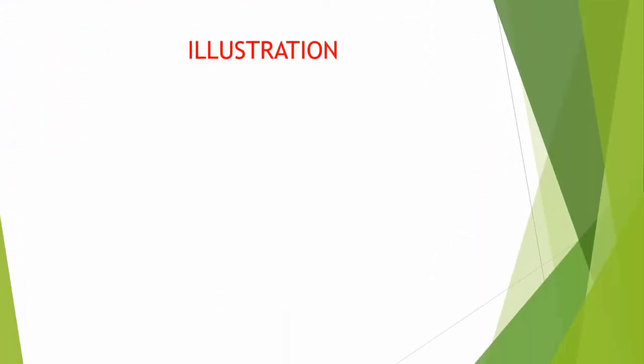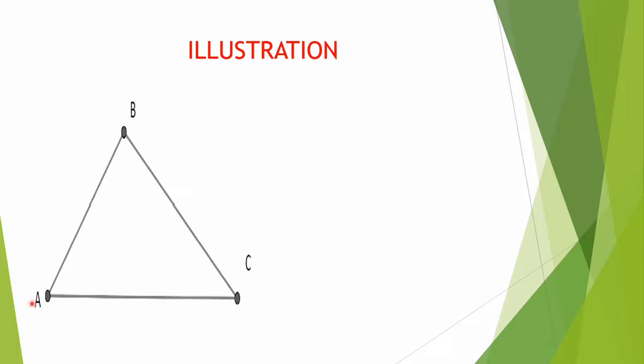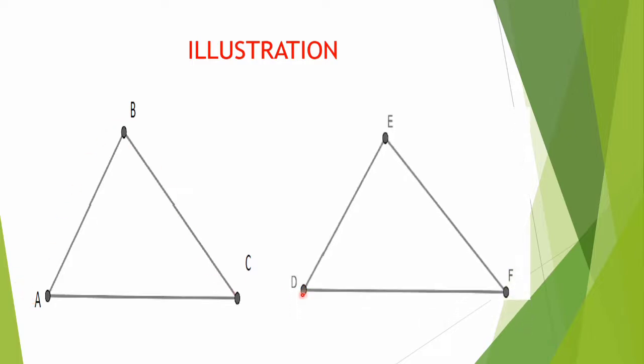We have here two triangles, triangle ABC and triangle DEF. If we overlap the two triangles, we can notice that the three pairs of vertices coincide with each other.